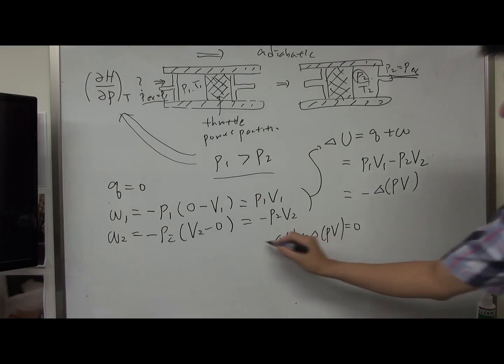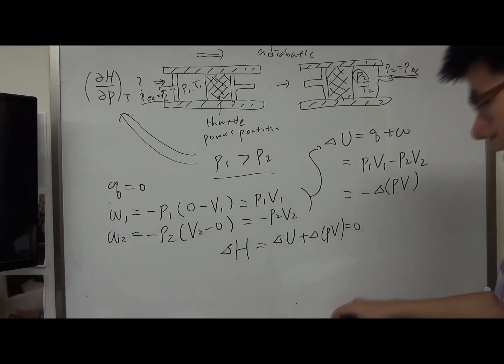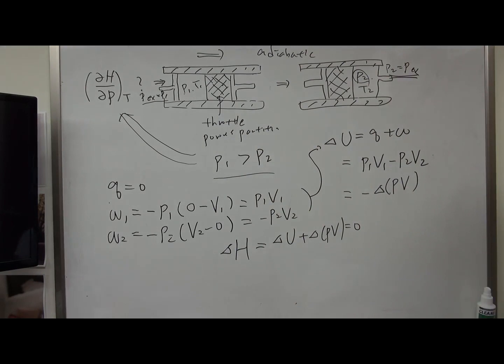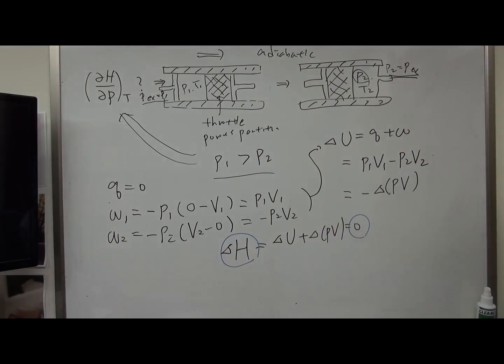ΔU plus ΔPV is ΔH. Remember, U plus PV is H. Interesting, right? This whole experiment is a constant enthalpy experiment. During this whole Joule-Thomson experiment, enthalpy does not change.